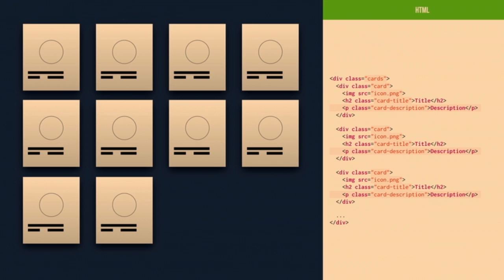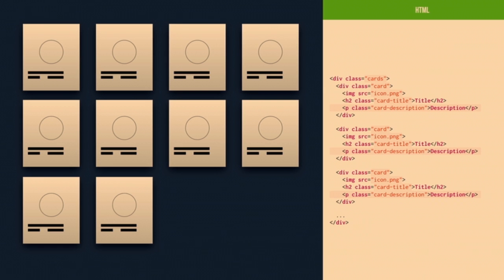We have cards as the parent, so I'm using a plural and singular naming convention. We have cards, which are multiples, and then we have an individual card. Inside of that card, we have some images and a title. We might have some type of descriptor attached to that. And I have as many of those as I need.